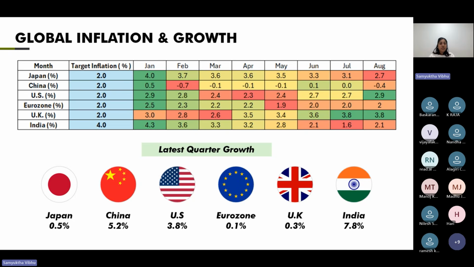Q2 is also expected to be a fairly strong quarter. And we only see economic activity tapering off in the second half of this year. At the same time, our inflation is much more manageable. So on the whole, I think India is doing better than some of the other economies that we're studying.